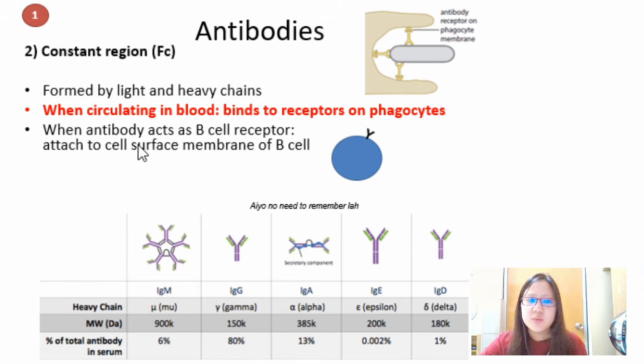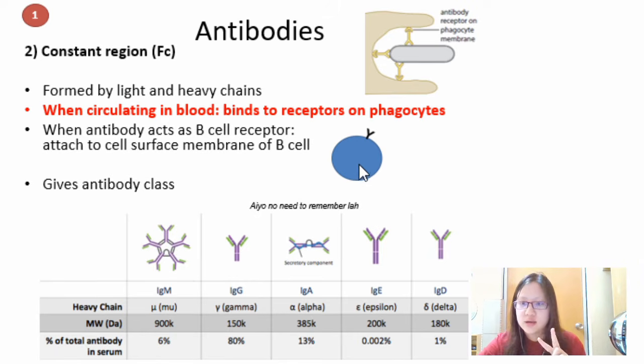Now, but when the antibody acts as a B cell receptor, so something on the B cell here, an antibody receptor, this constant region is the region that attaches to the cell surface membrane of the B cell. So there are two functions here, depending on the context. One is when the antibody is freely circulating, the other is when it's acting as a receptor.